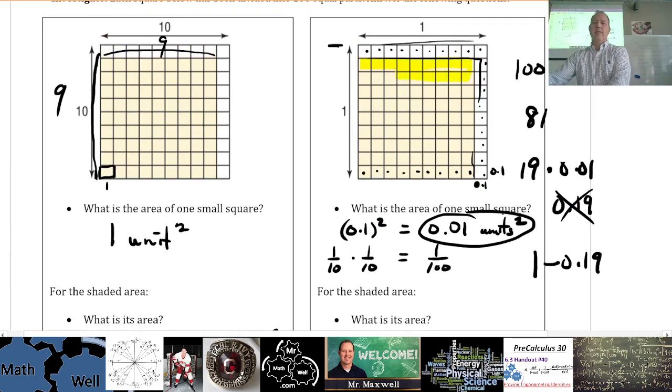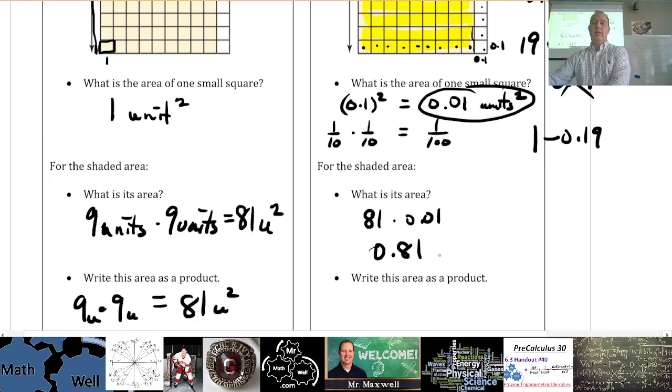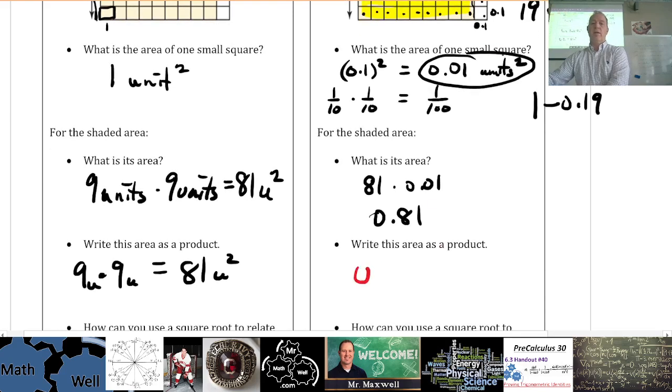Okay? So if you're talking about this yellow square here, I'll highlight this yellow, I actually have the side length of 0.9 times another side length of 0.9. So another way to look at this, area as a product: 0.9, that's a side length, times 0.9.